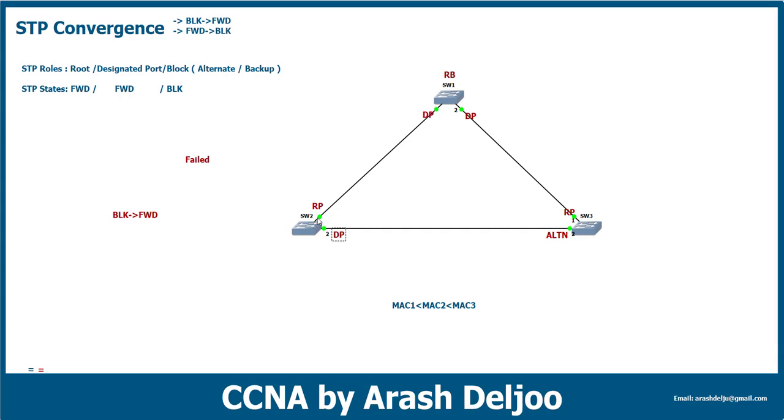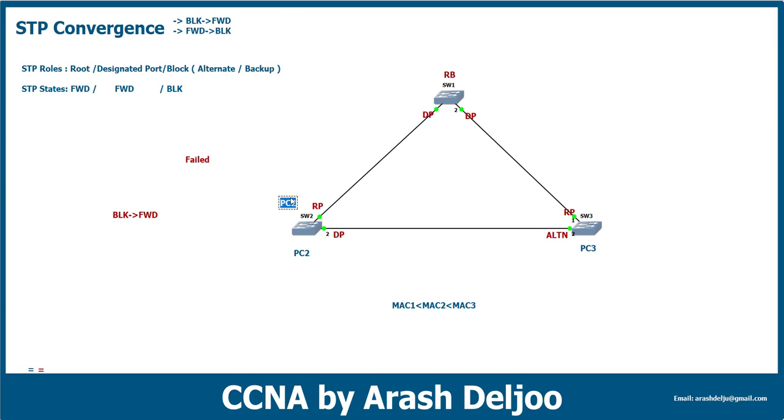Switch 2's first port, port 1, is the root port, switch 2's second port, port 2, is the designated port, switch 3's first port is the root port, and switch 3's second port is the alternate port.